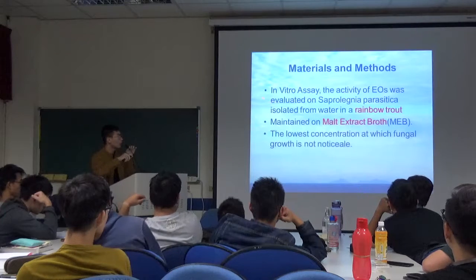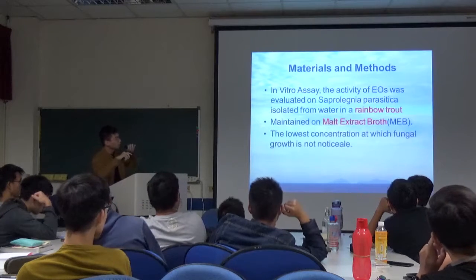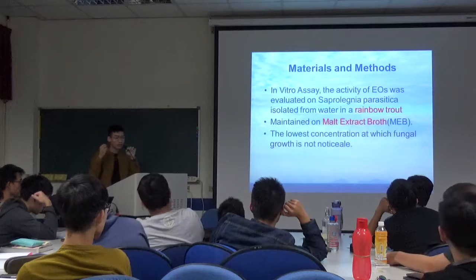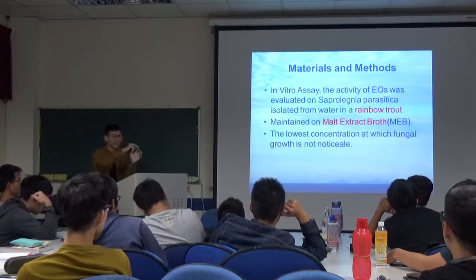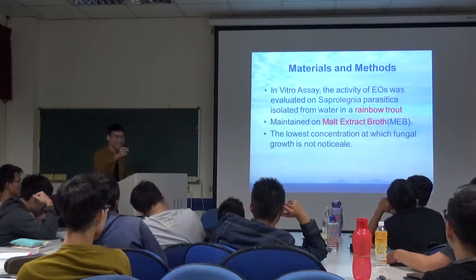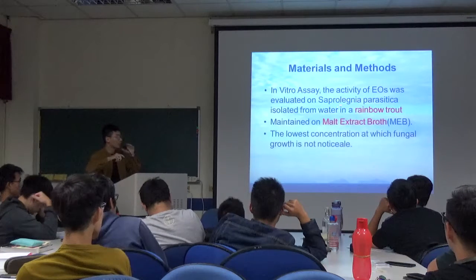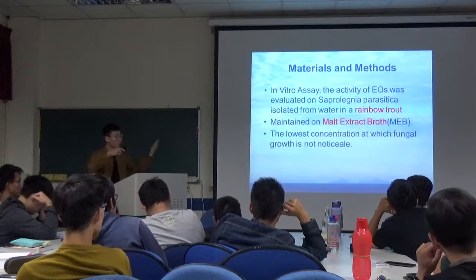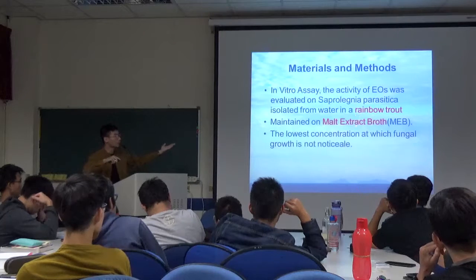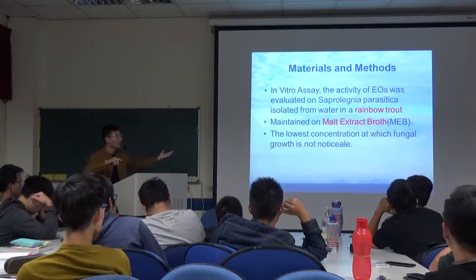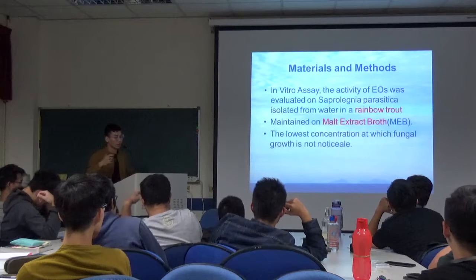And in vitro, we know the minimum inhibitory concentration, right? And actually, this experiment is done to test the rainbow trout. It is kind of a disease that happens in fish.